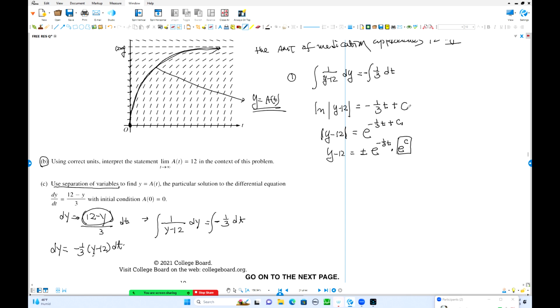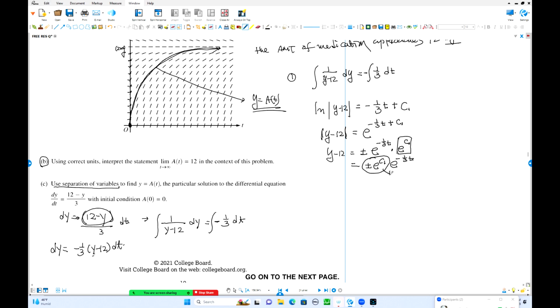Put this number to the front: plus or minus e to the C1 times e to the negative 1/3 of t. But still this is a constant. E to the C is a constant, plus or minus is just a sign, and the total is a constant.